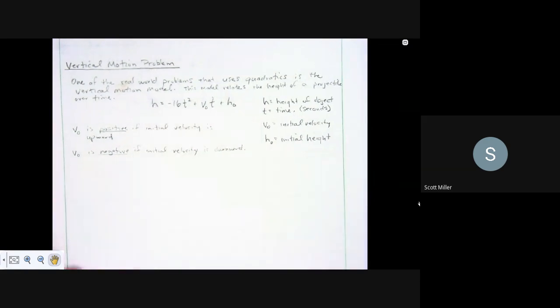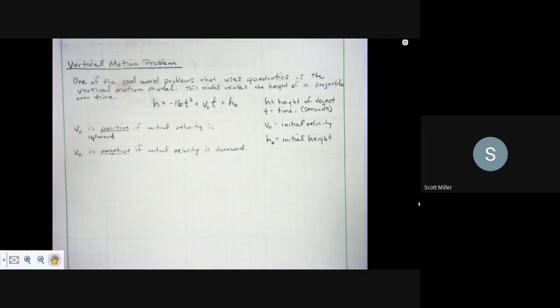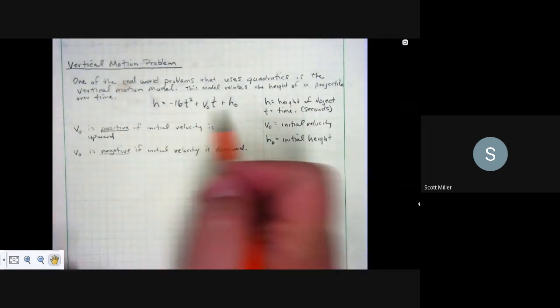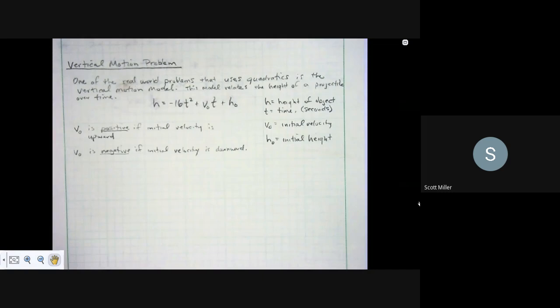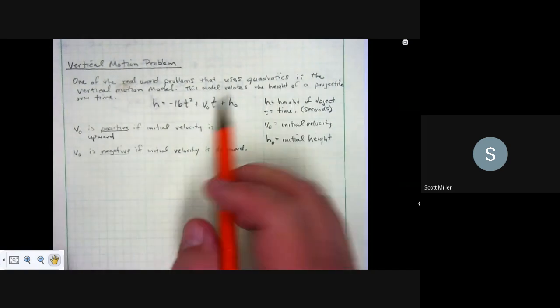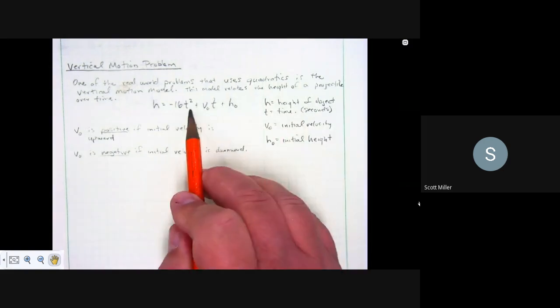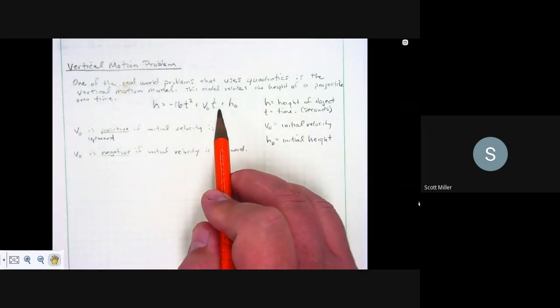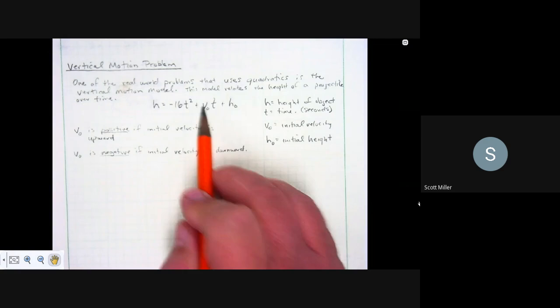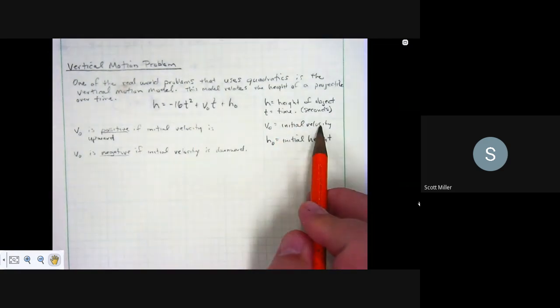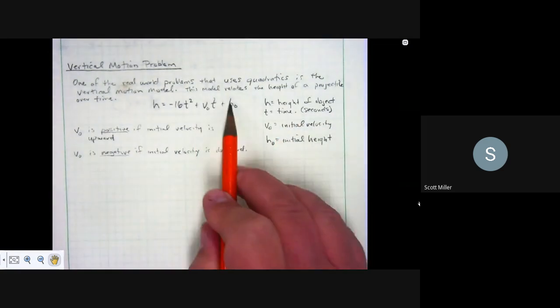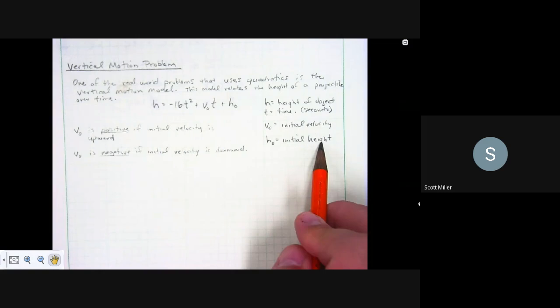So if I'm on the top of a building and I drop a coin, it follows this motion right here. Any object that is dropped or shot or thrown or anything like that. H is the height of the object. T will be the time in seconds. This V sub 0 represents the initial velocity of the object, and H sub 0 is the initial height of the object.